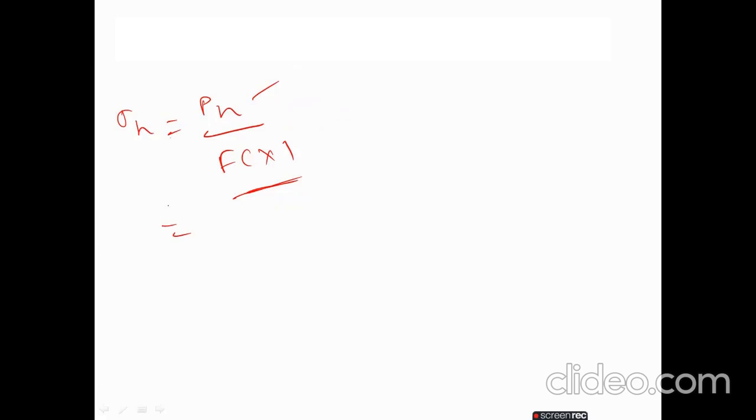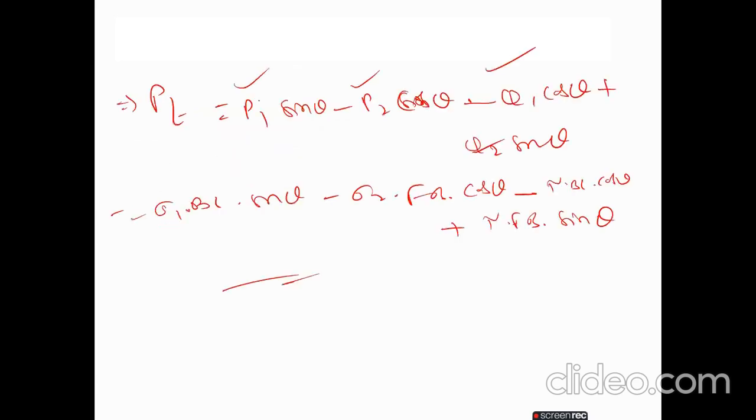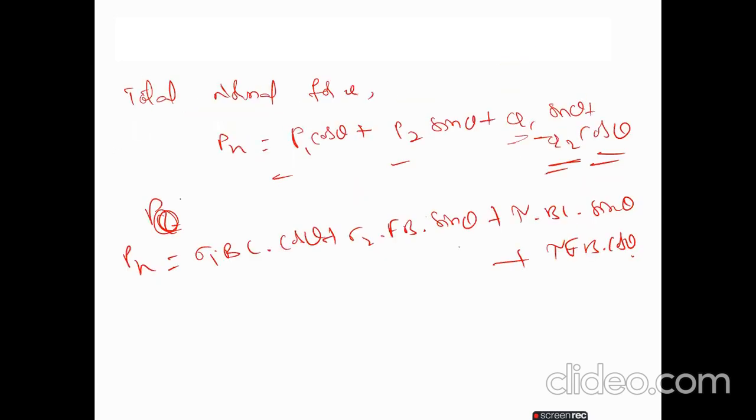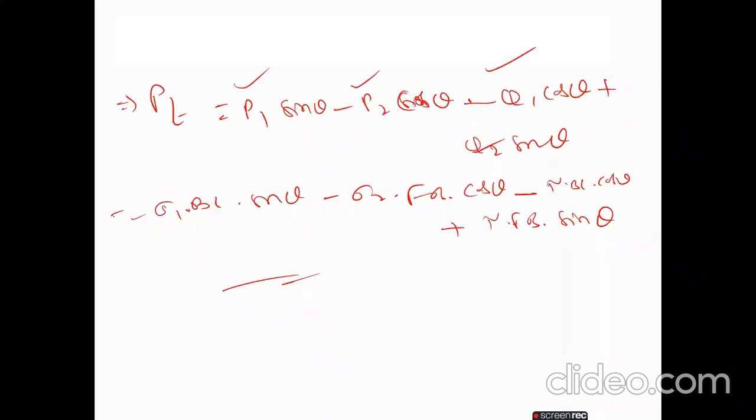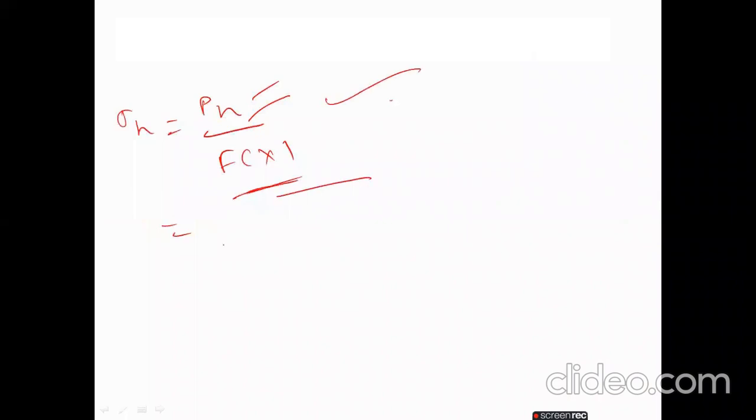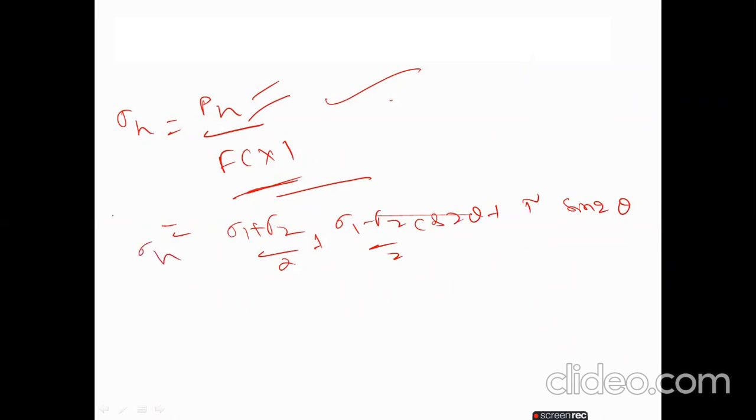If I substitute this entire formula of Pn into here by Fc, the final one we will get this one. So this is the sigma n formula.